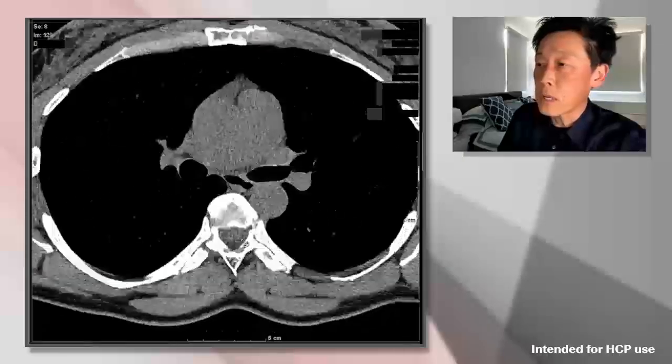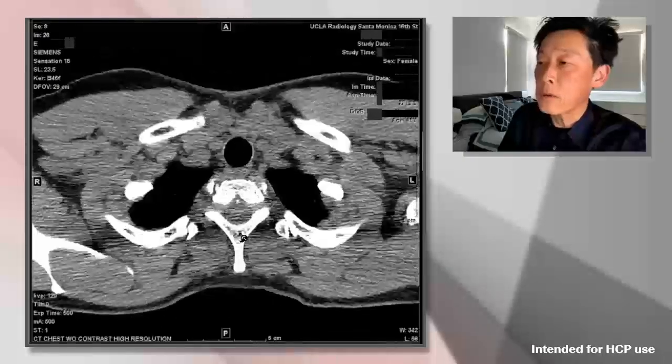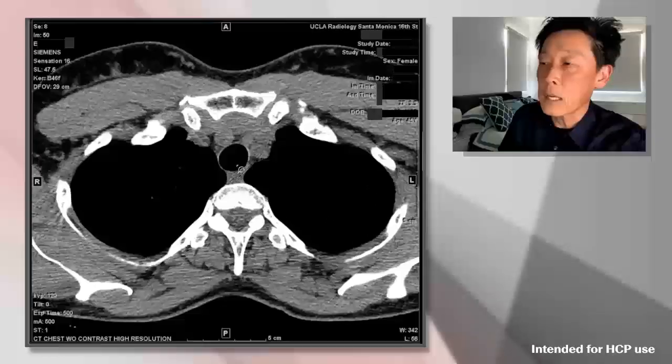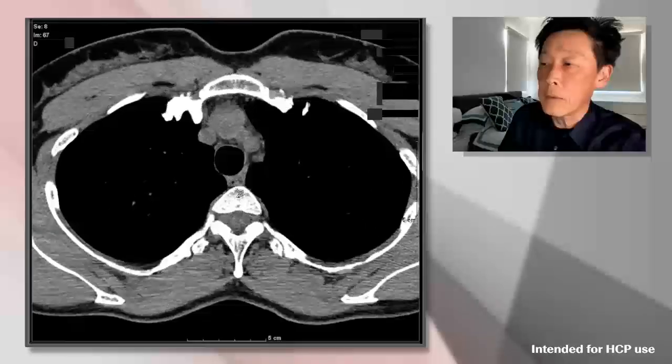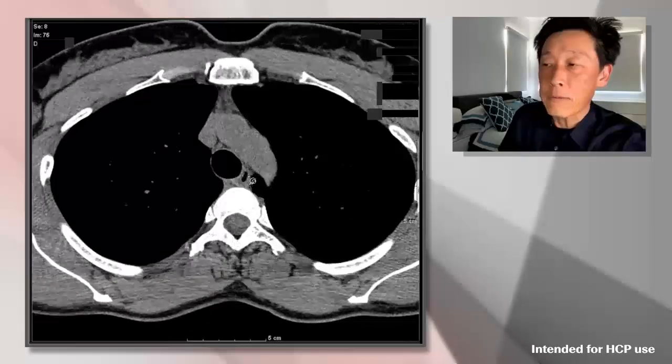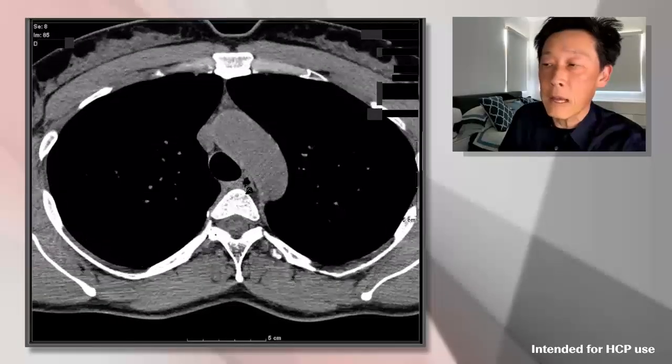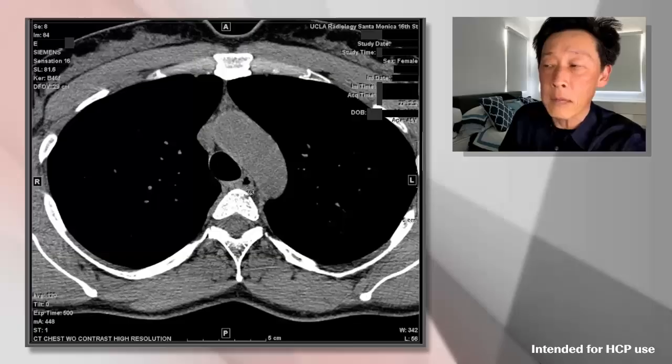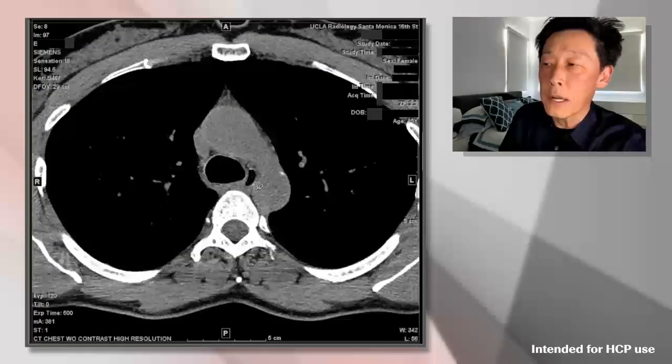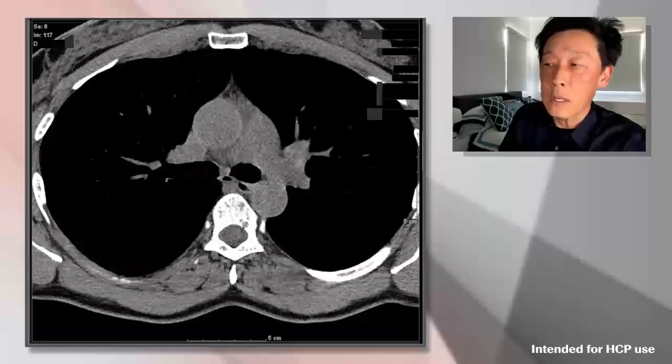Now, other structures that we've not yet covered is that behind the trachea, we see the esophagus, and you can see that the esophagus has a little bit of gas and sometimes a little bit of fluid, and you can follow that structure completely through the chest.